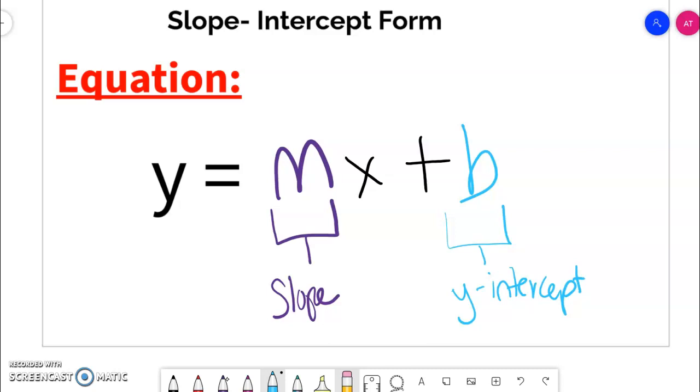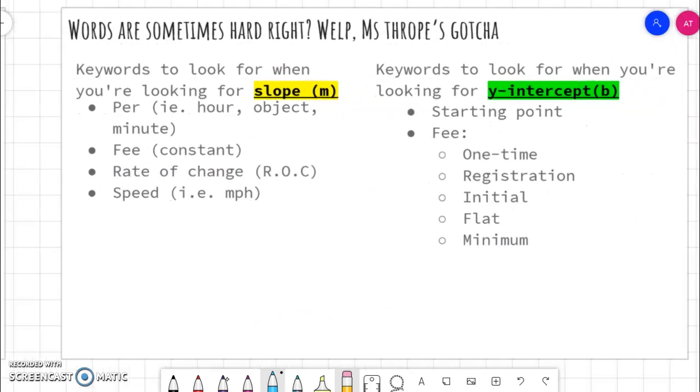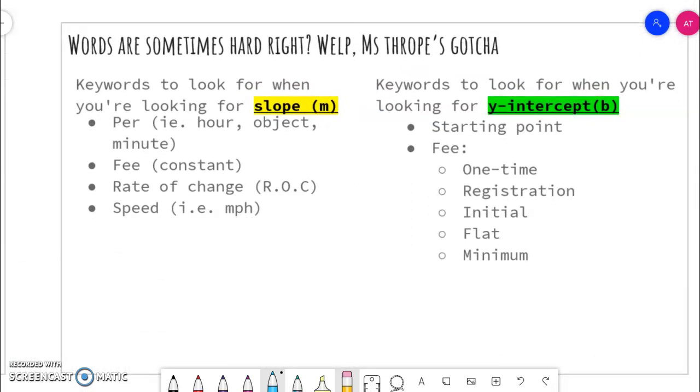So let's look at some key words for slope and y-intercept and what we're going to be looking for when we are reading word problems. Don't worry, sometimes the wording of a word problem can be a little challenging, but there are some key words that you can keep in mind.